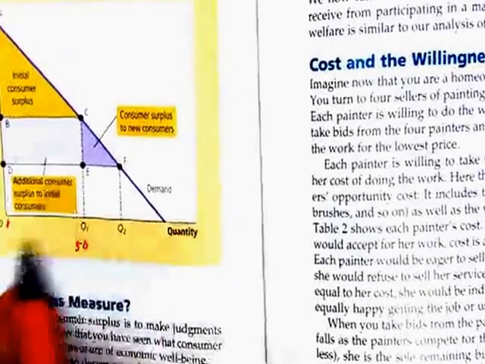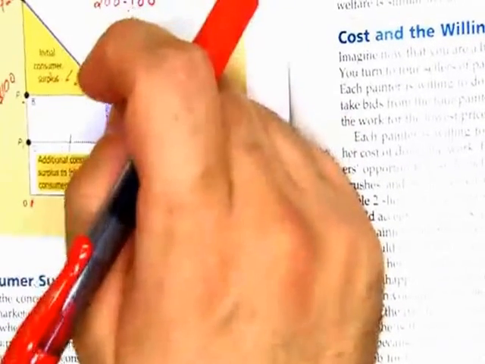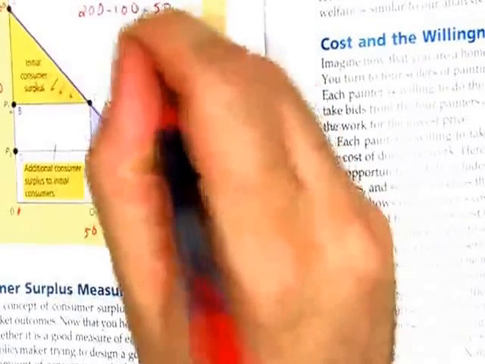We do that for all of these customers, so we're taking $200 minus the $100, and then multiplying that by 50. So we have $100 times 50.